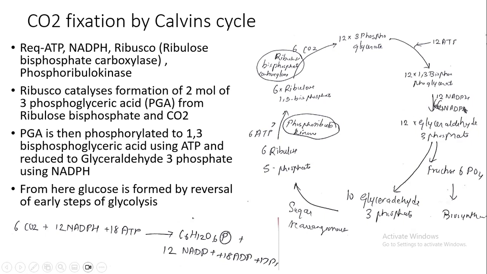And from here, glyceraldehyde 3-phosphate is converted eventually into glucose or the 6-carbon sugars by steps similar to the reverse steps of glycolysis. So overall, you can say that 6 molecules of CO2 are fixed to generate 1 molecule of 6-carbon sugar, during which process 12 molecules of NADPH and 18 ATP are utilized.